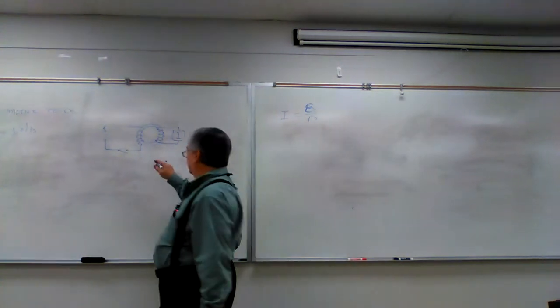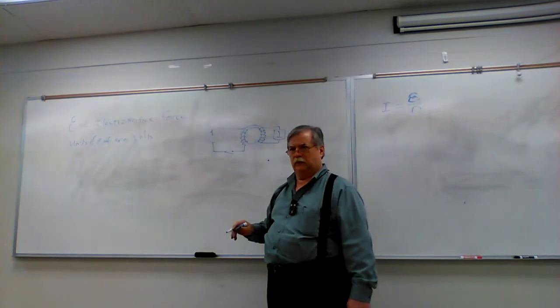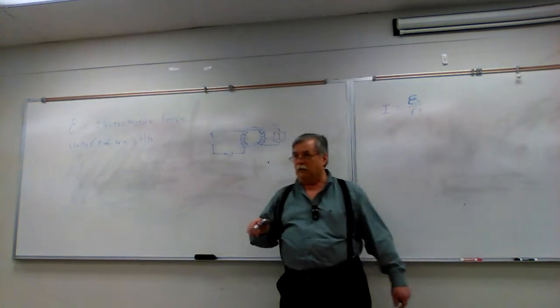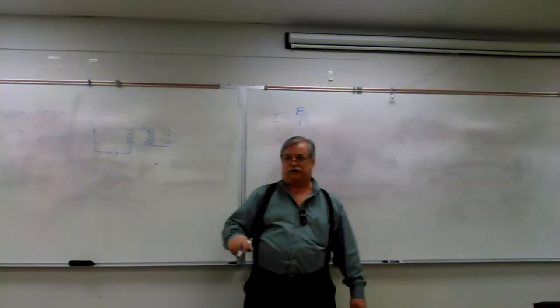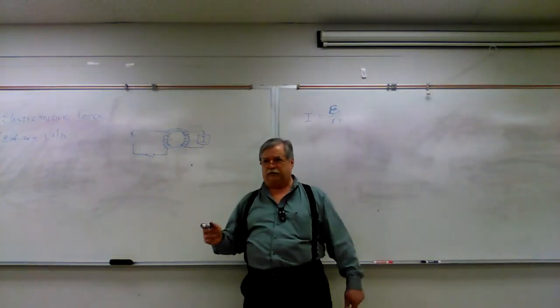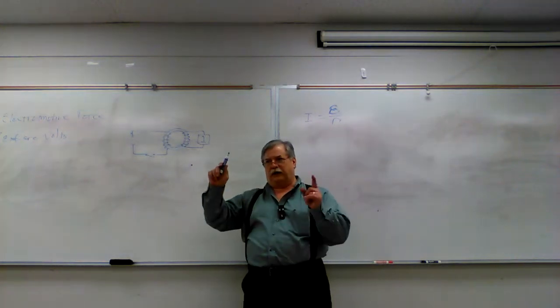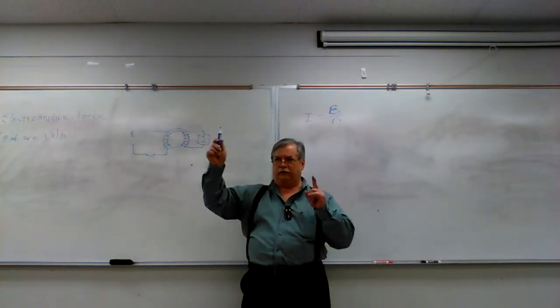So he saw that when he first closed the switch, he got a pulse of current. More importantly, he found whenever he opened the switch, he got the same pulse of current, but in the other direction. The needle deflected the other way.